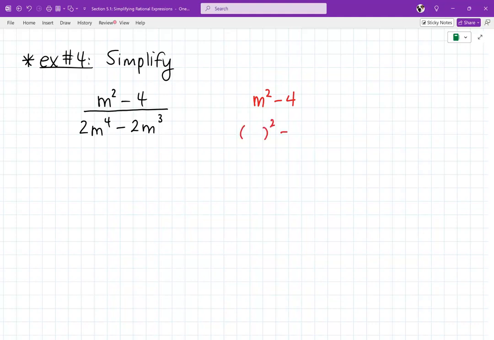Something squared minus something squared. Well, let's try the numbers first. What squared is 4? 2. And what squared is m squared? Just the 1m, right? So that means it is a difference of 2 squares. It's going to be m minus 2, m plus 2. So that's going to go on top. m minus 2, m plus 2.